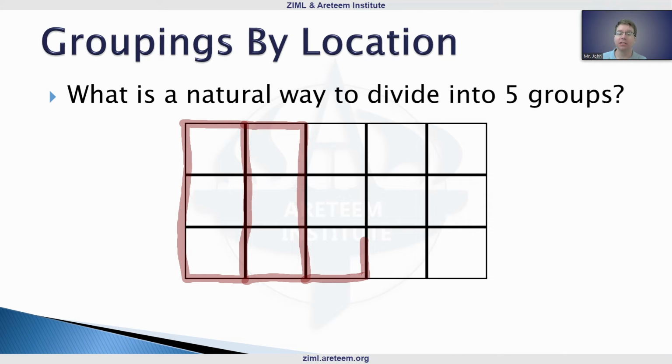Now, just to show why this is more complicated in general, right? Are you going to actually have a nice 3x5 grid and you want to divide this into 5 groups always? No. What if we wanted to divide this into 4 groups? Then some weirder things would need to happen. What if we needed 6 groups?